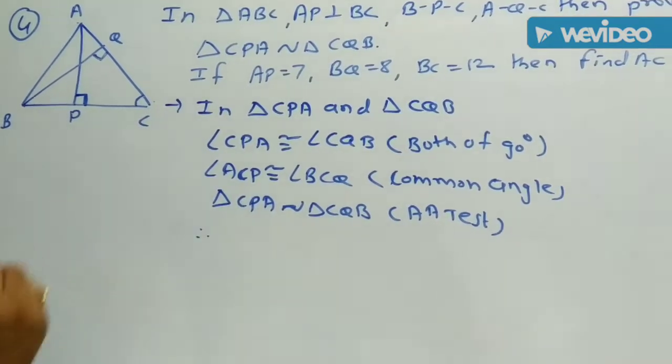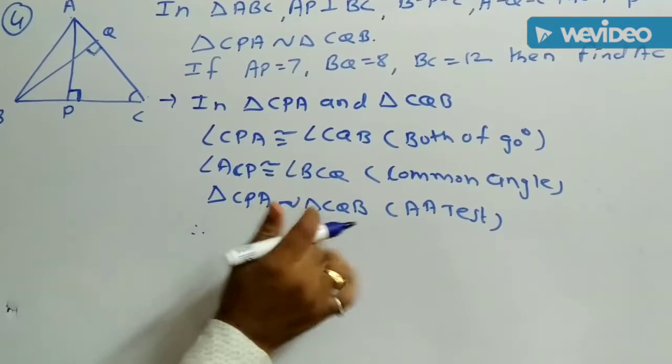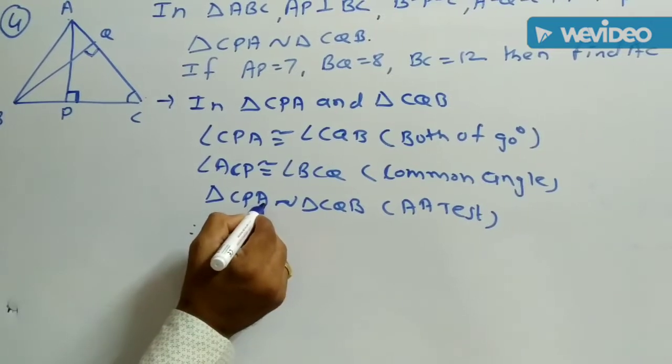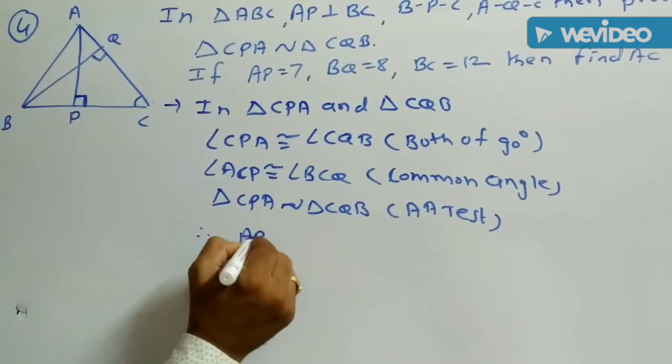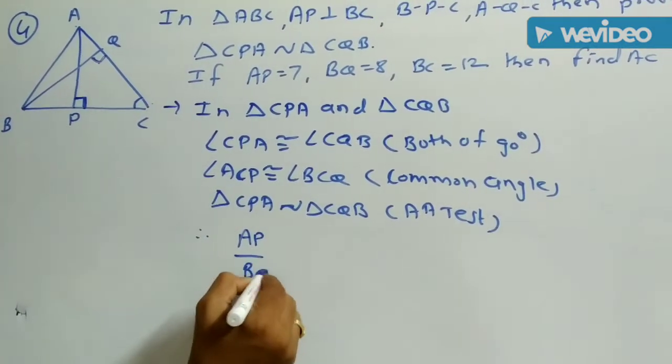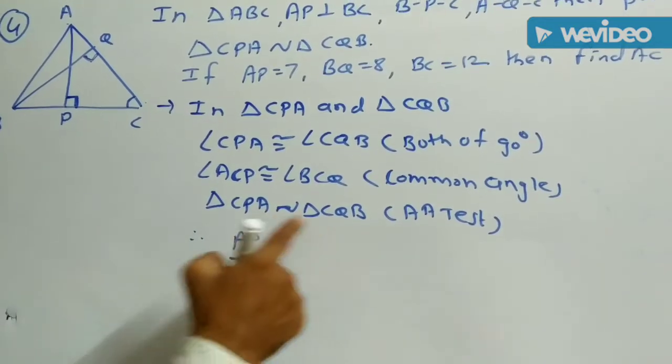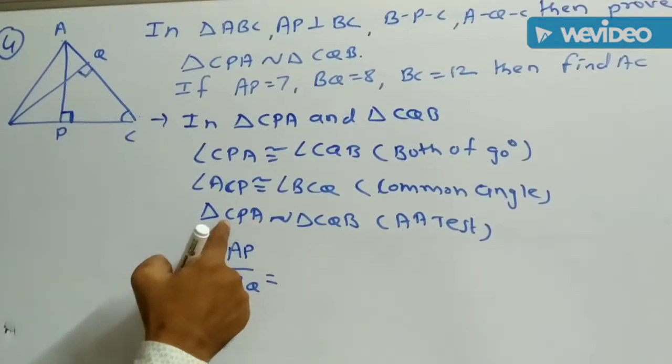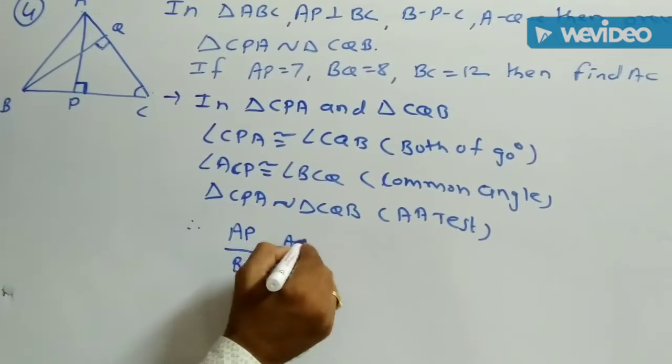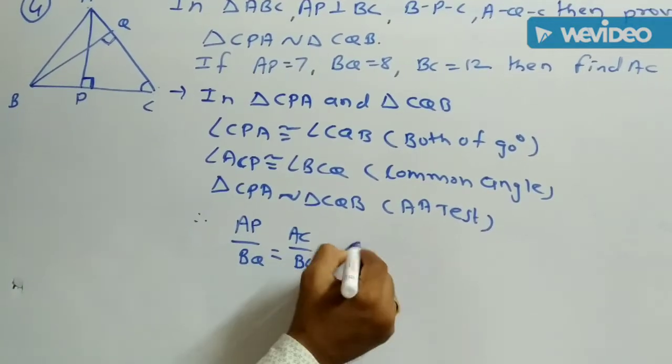Now corresponding sides of the similar triangles are in proportion, therefore we can write AP upon BQ is equal to AC upon BC.